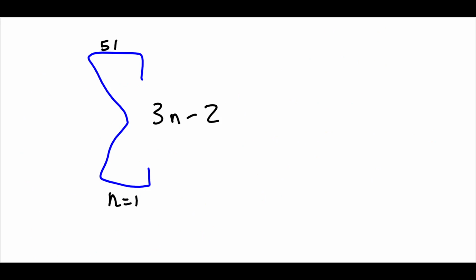There's a formula which states the sum S sub n equals n over 2 times a sub 1 plus a sub n, where n over 2 means the total amount of terms. So 51 over 2 in this case, times a sub 1, our first term, plus a sub n.